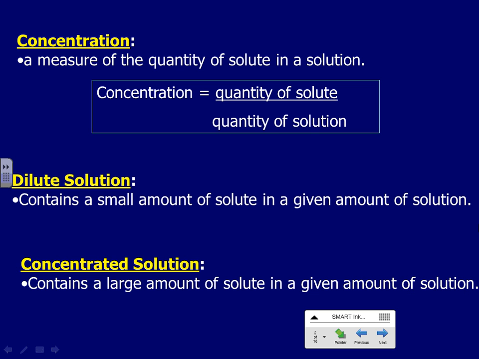So all concentration calculations, whether it's a percentage calculation or one involving the mole or whatever unit, will always have the property of the quantity of the solute divided by the quantity of the solution.